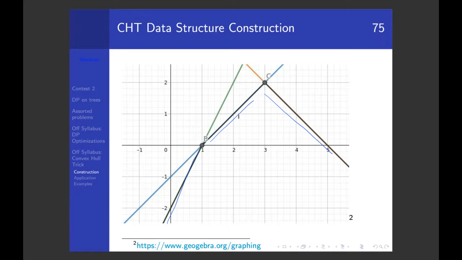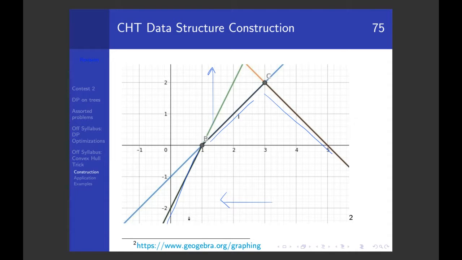Importantly, the line with the biggest slope, so the line with the most positive slope, as we go towards negative infinity, is going to be the smallest one. Why? Because as we go towards negative infinity, at some point it's going to overtake everything and become the smallest line.